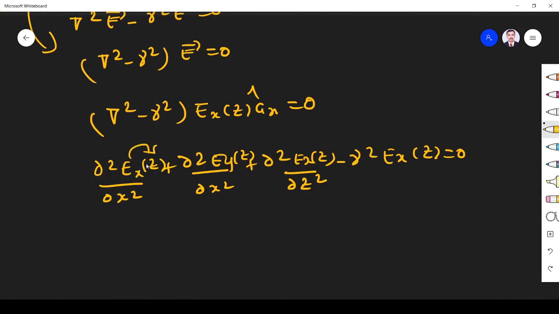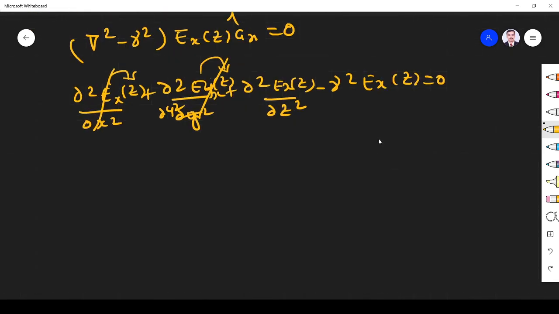So when you differentiate a function of z with respect to x, the result will be 0. Here it is a function of z and differentiating with respect to z, it is not equal to 0.